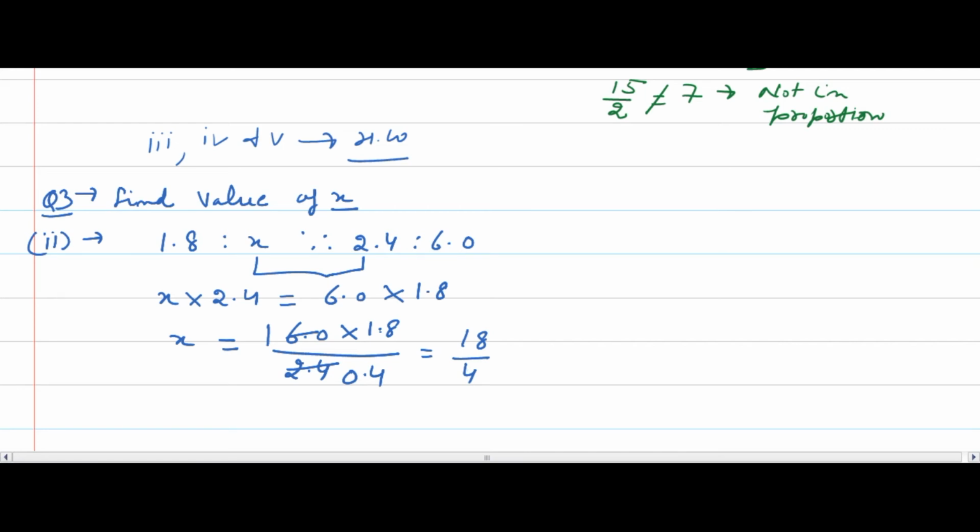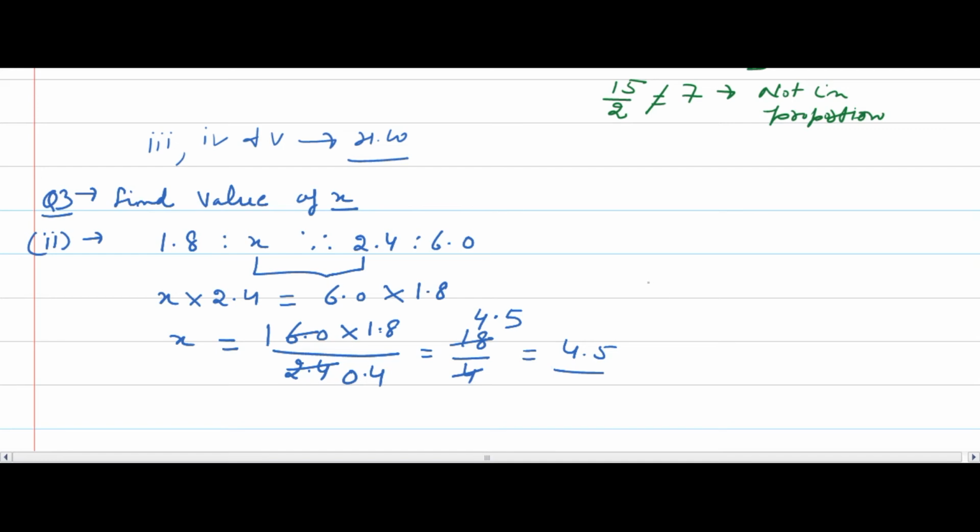Now if we divide this, 4 4 ja 16, 2 will be remaining, we will get 4.5. So we will get x equal to 4.5. Right students? Now remaining parts are your homework.